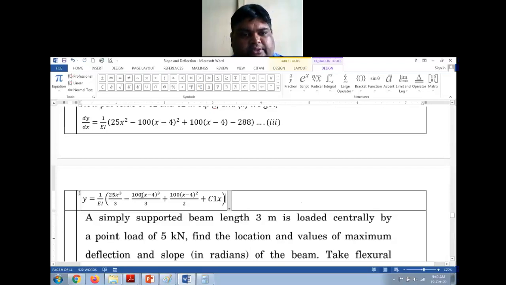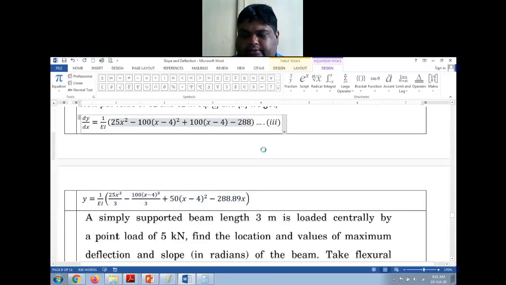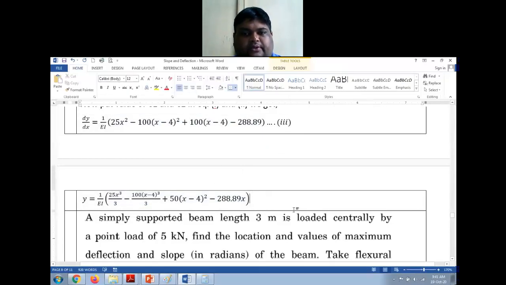So this I'll not change. 100 by 3, that will also become fraction. This I can definitely change. So this will become 100 by 2 is 50 x minus 4 whole square. This is minus 288.89 x. I missed the decimal, right? And this we will call it as equation 4.